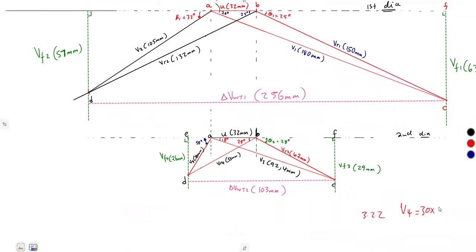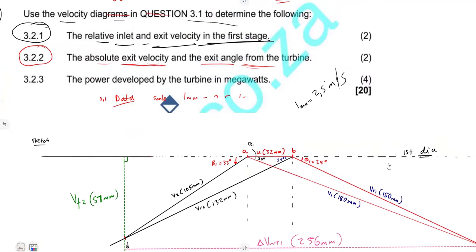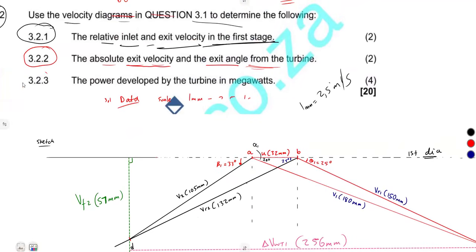So 30 times what? 2.5 our scale. That was going to give us 75 meters per second. And the absolute exit angle, considering that it's beta 2, which we measured, or you can measure, is closer to 58 degrees. All right, so that was our 3.2.2, working with absolute exit. That's from the final diagram at the second stage.